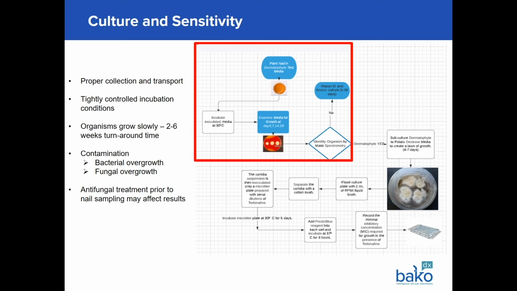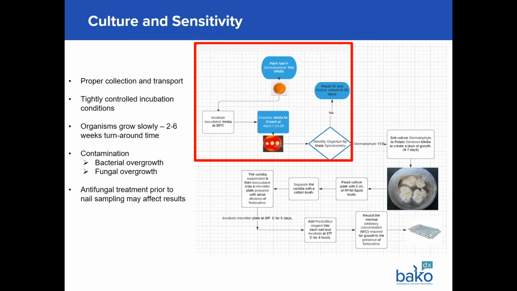The area that you see boxed in red is the culture portion, and for that, we have to make sure we get proper collection and transport of the specimen, and then once we get it, it takes several weeks for it to grow, and you always have to worry about bacterial overgrowth or saprophytic fungus overgrowth, and the results can be affected by the patient being on antifungal treatment.